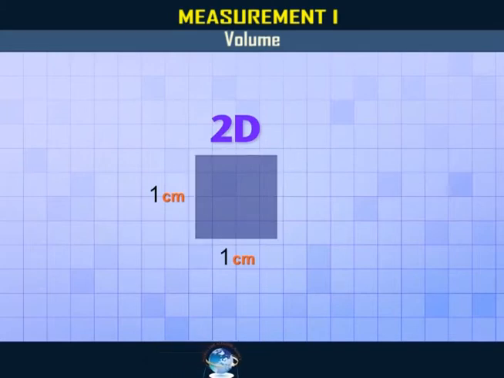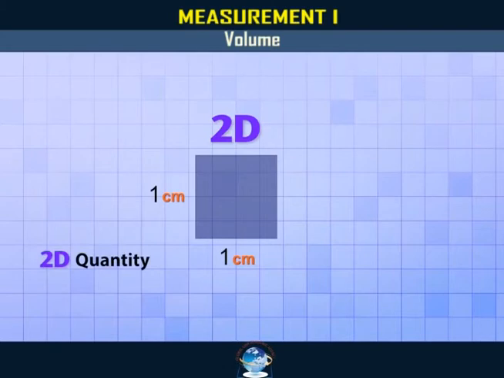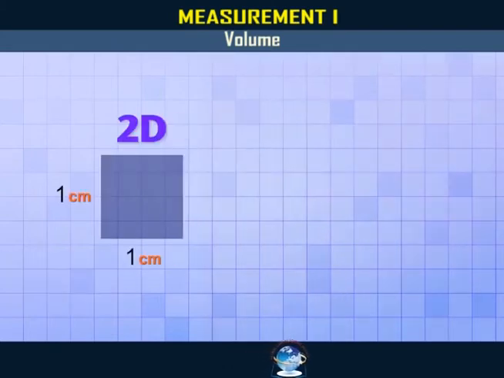Two-dimensional objects are measured by two-dimensional quantities that we call area. Because the original line was 1 centimeter long and we extended it by a distance of 1 centimeter, the amount of area that this square occupies is 1 square centimeter.